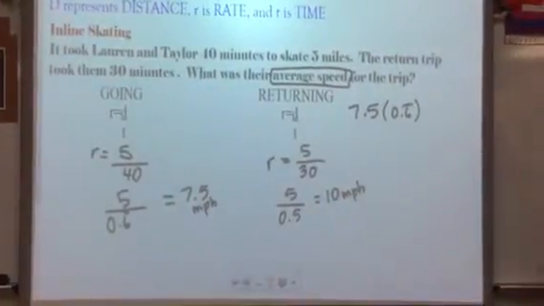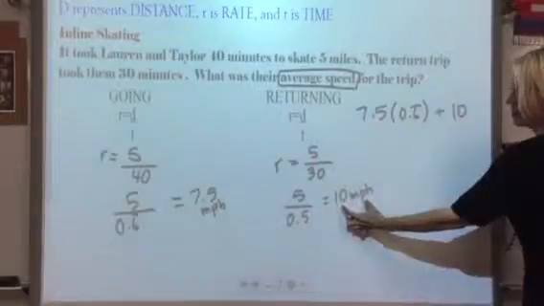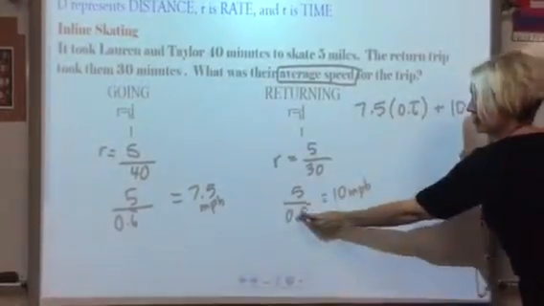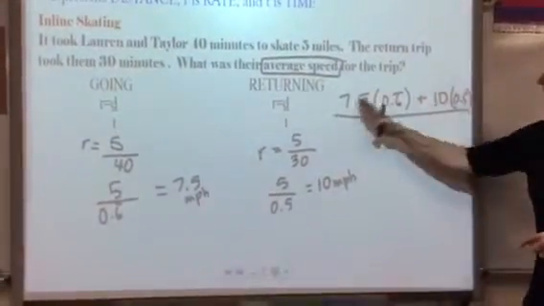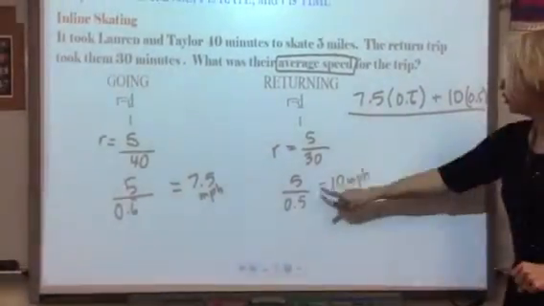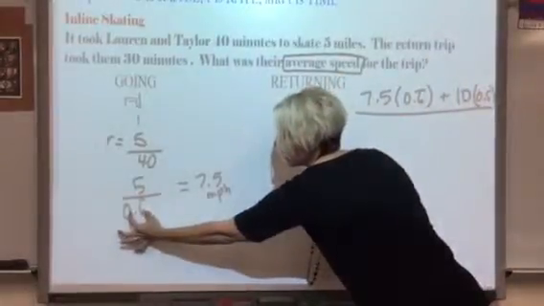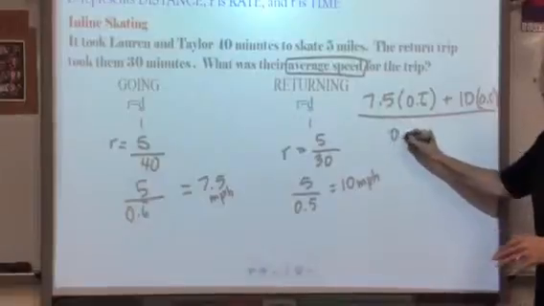And then we add this rate, 10, times this time here, which was 0.5. And we're going to divide this amount, this is a weighted average, by this time it took plus this time it took, so we have a total time on the bottom.